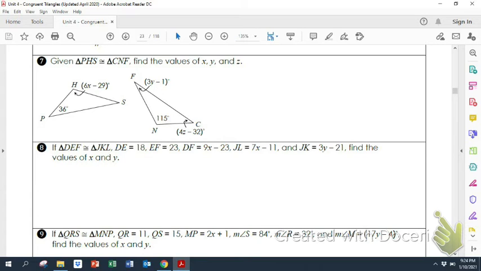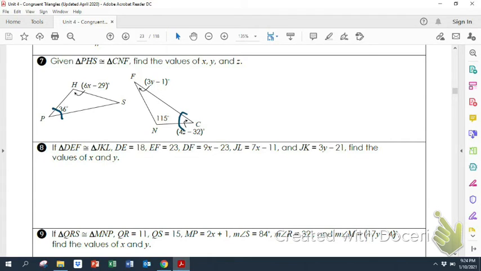Okay, on number 7, we're going to do the same thing, but we're going to do it with angles. So let's look at our congruency statements here. PHS is congruent to CNF. So right away, I know that this angle P corresponds to angle C right there.